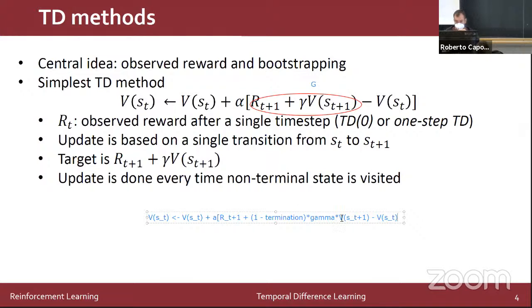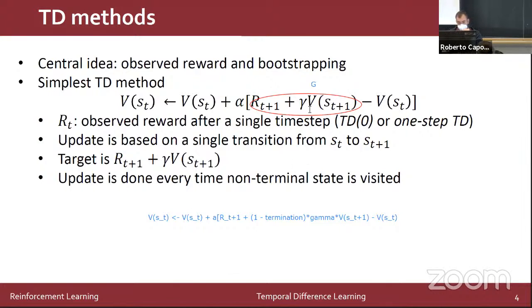Okay, so how is this different from, sorry, I'm missing the square bracket here somehow. I don't know why it doesn't allow me to write it. Anyway, there is a square bracket here that needs to be added.